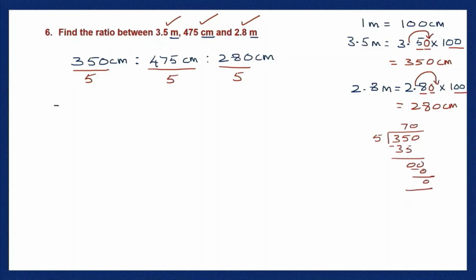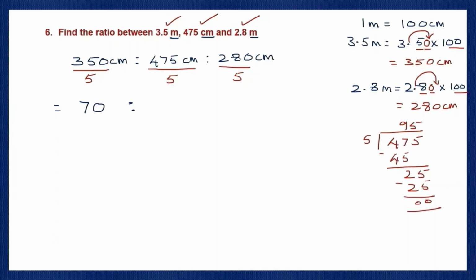So the first one that I get here is 70 is to, let's divide the second one, that is 475 by 5. 47, so 5 nines are 45 minus 2, I bring down 5, it's 25, 5 fives are 25 minus 0. So I have 95 here.